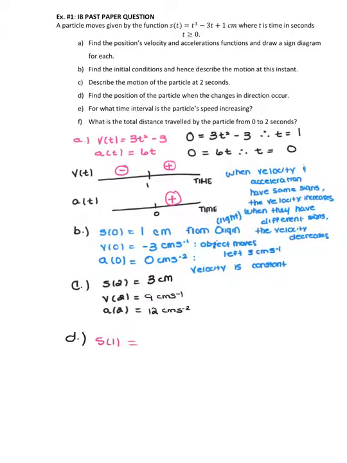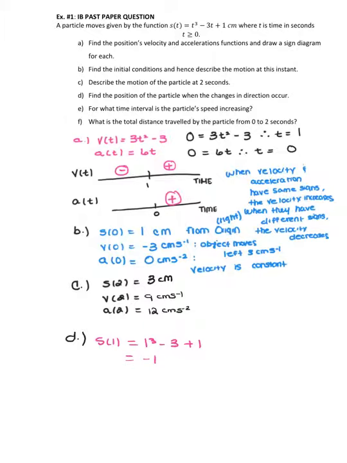So what do I get for my position? Well, I get 1 cubed minus 3 plus 1, which is equal to -1, which means when does it change direction? Akil, when does it change direction?